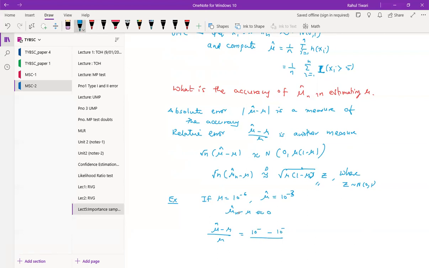So this is 10 raised to 6, and this will give you the triple 9.